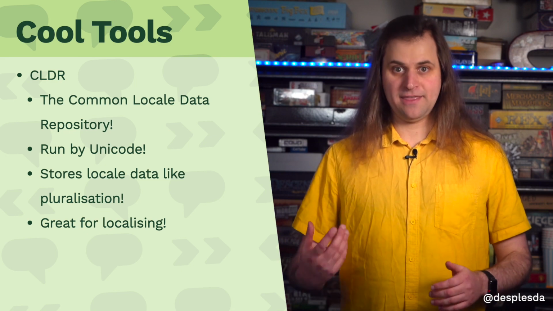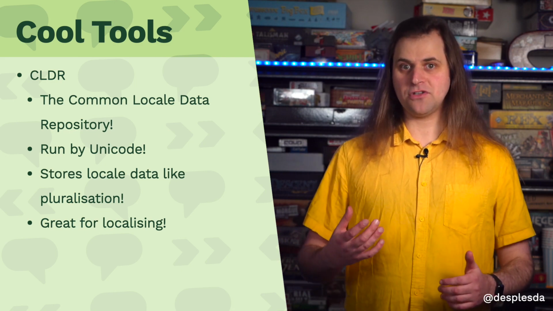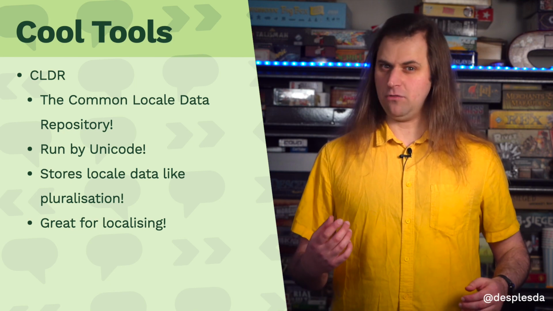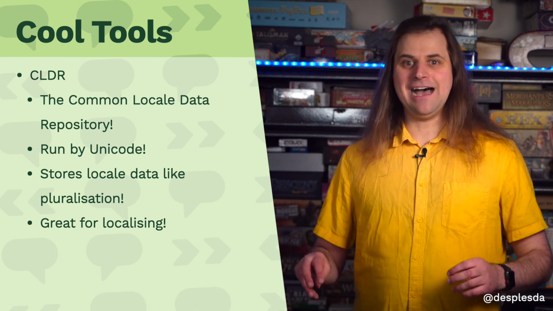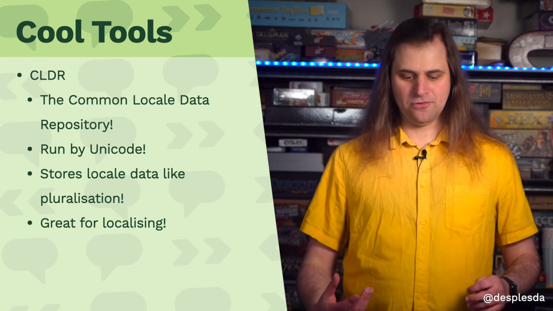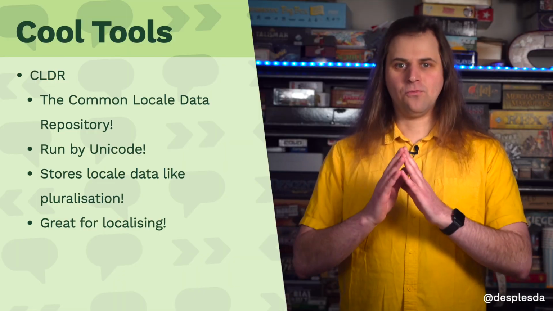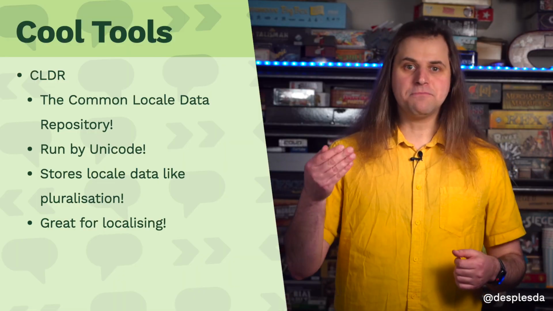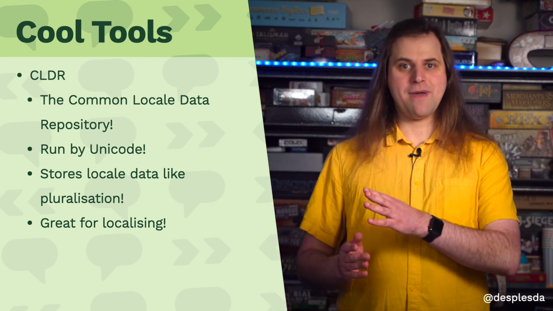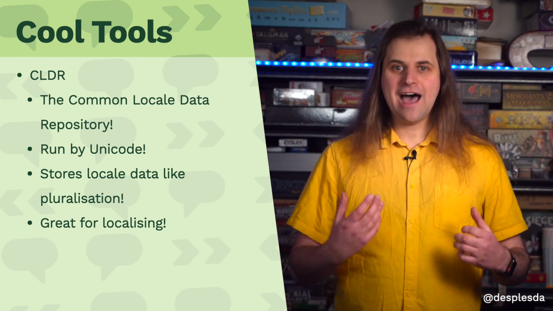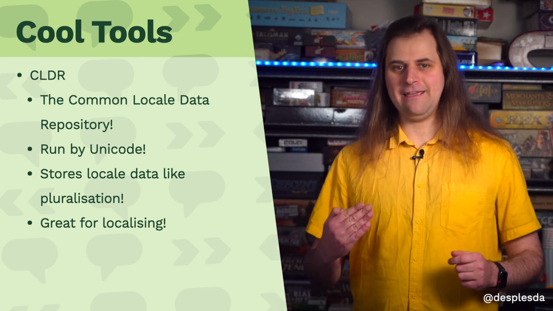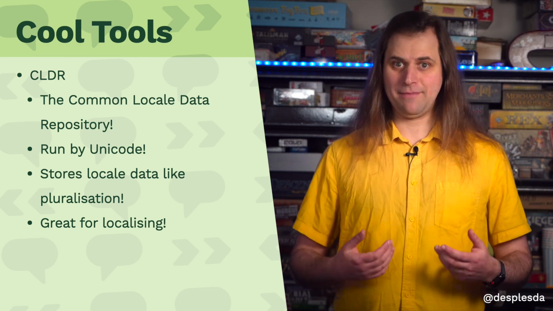Another one that I think is really handy and is particularly of interest to any of us working in localization, which I hope is all of us, is CLDR, the Common Locale Data Repository. This is an enormous project run by the Unicode Consortium that basically they've gone through many different human languages and locales and codified the rules for how, among other things, numbers are pluralized, rules for grammatical gender, all of the stuff that's hard to do and also hard to know about if you are monolingual, such as I am, like many of us are in the audience, I suspect.